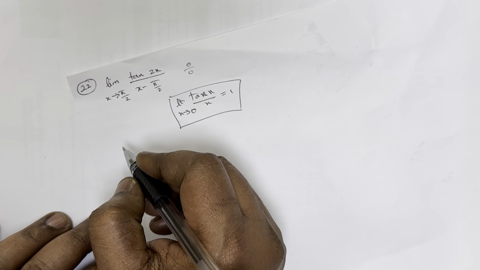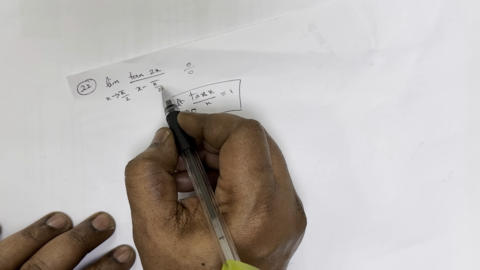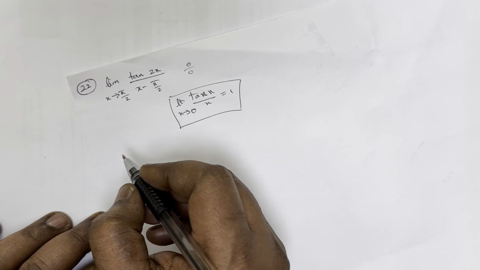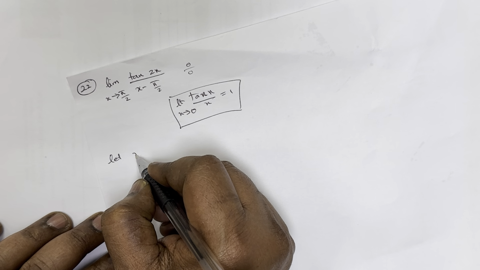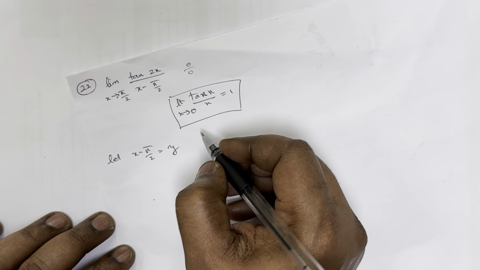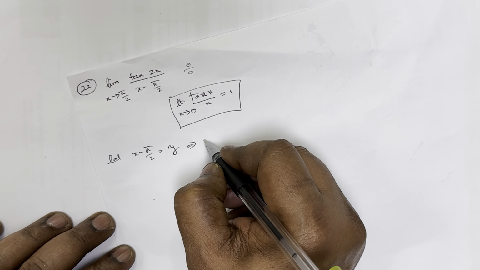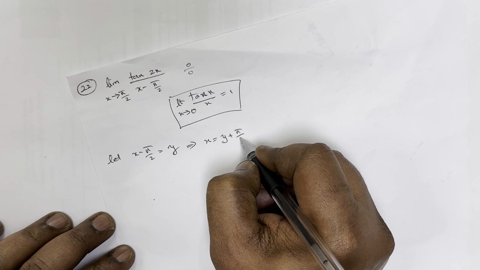Now let's assume the denominator to be some other variable. So let x minus pi by 2 is equal to y, which implies that x is equal to y plus pi by 2.